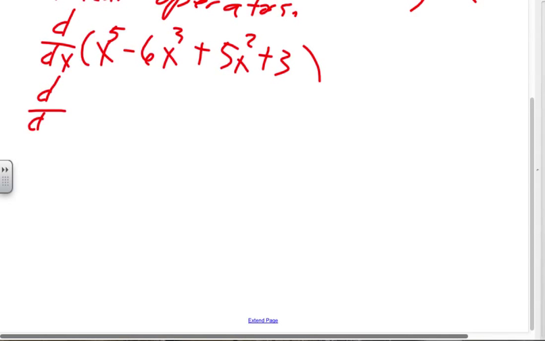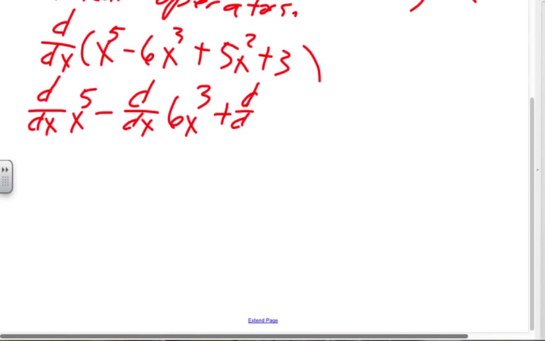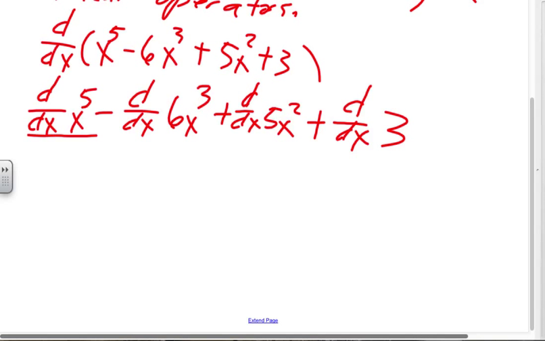So now we have the derivative of x to the fifth minus the derivative of 6x cubed plus the derivative of 5x squared plus the derivative of 3. And each one of these we could do with power rule now. Okay? So let's just do this one first.